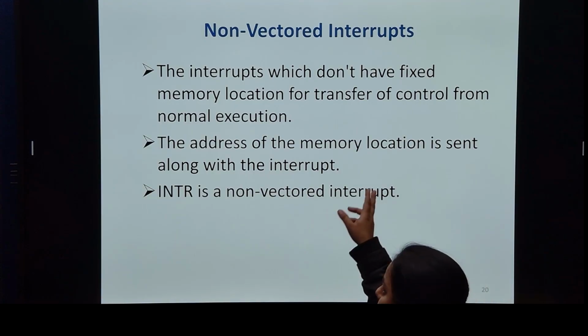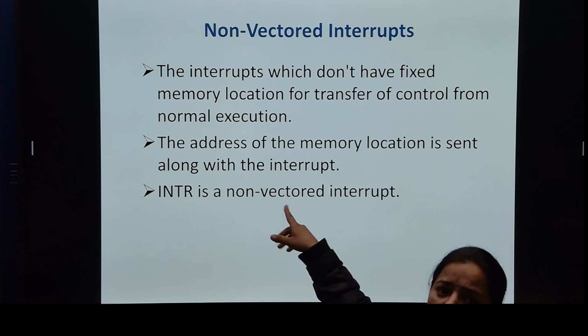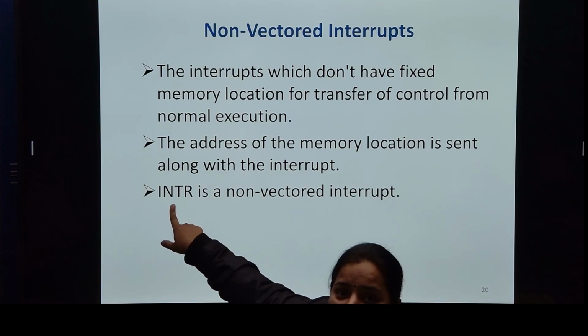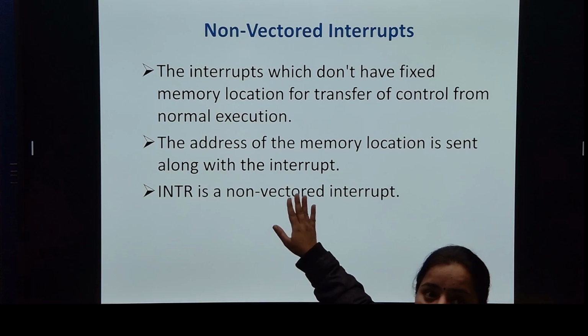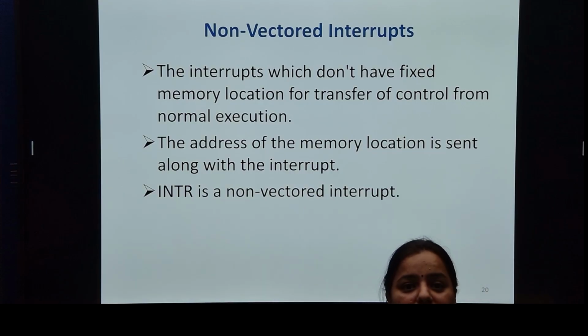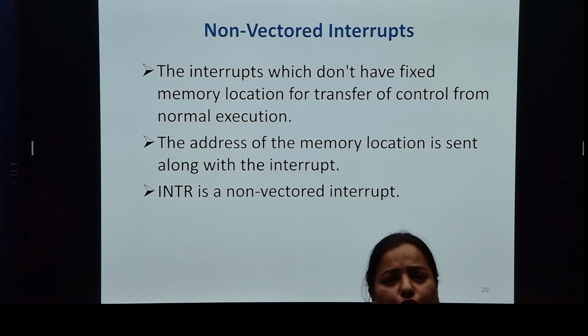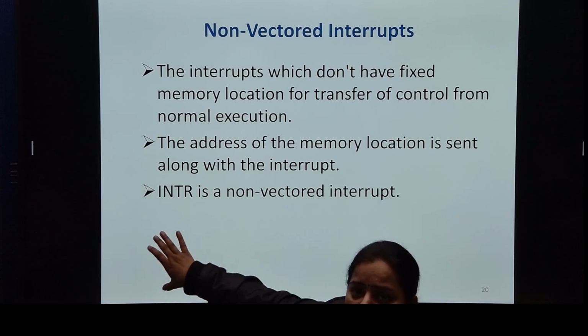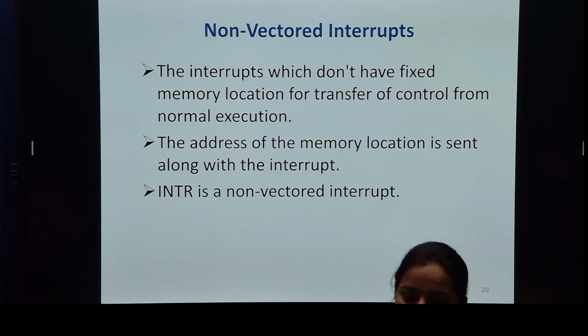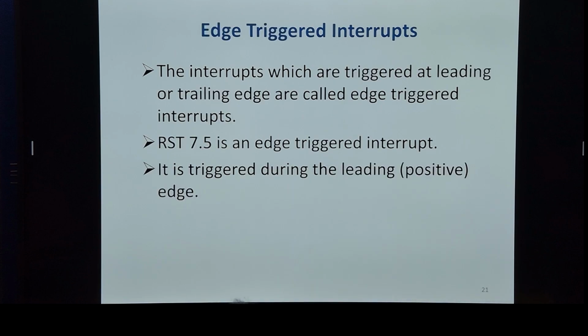Only one, INTR, is a non-vectored interrupt. Non-vectored means the location has to be provided by the peripheral device or the user, saying you have to execute the program from that location only.